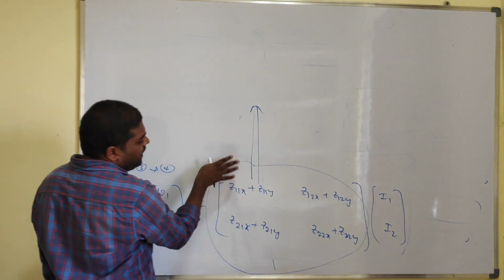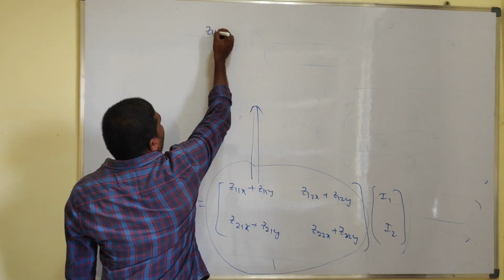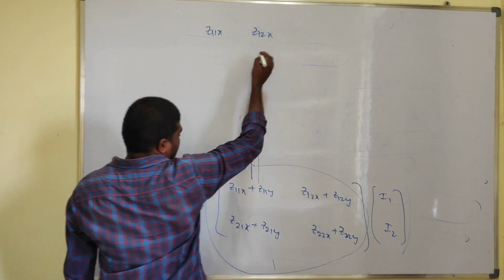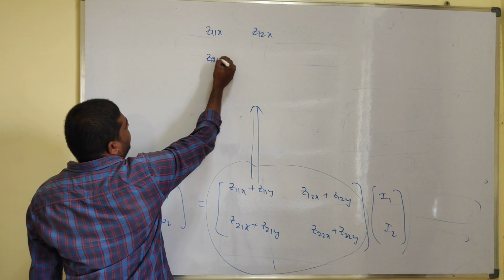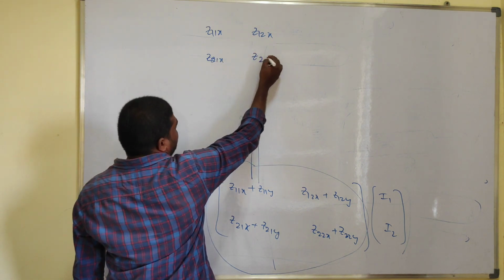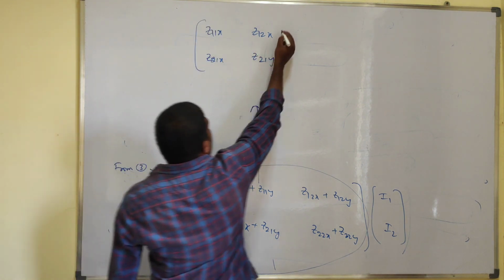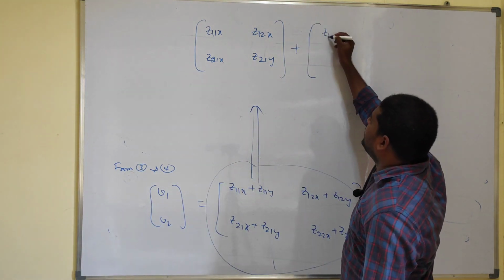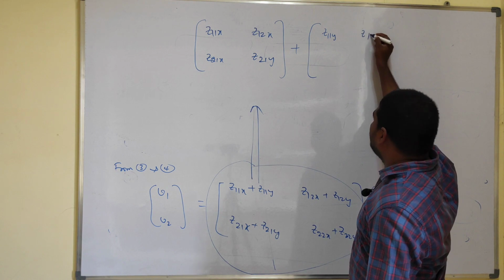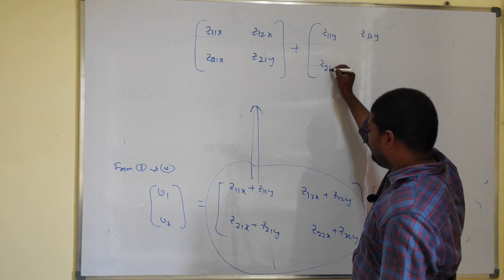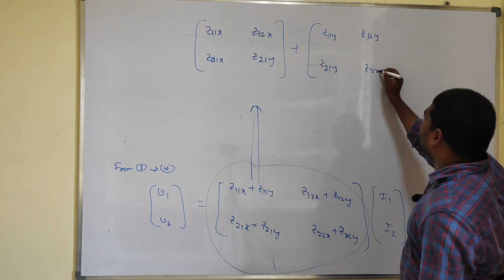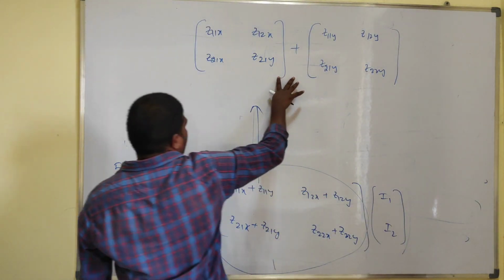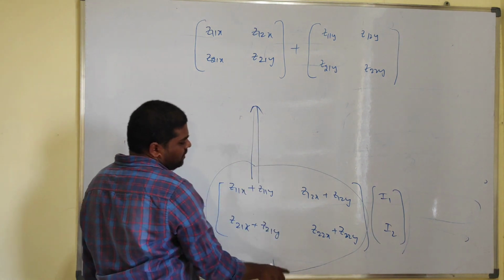We can write it as one matrix with Z11x, Z12x, Z21x, Z22x, plus another matrix with Z11y, Z12y, Z21y, Z22y. The addition of these two matrices will give this entire matrix.